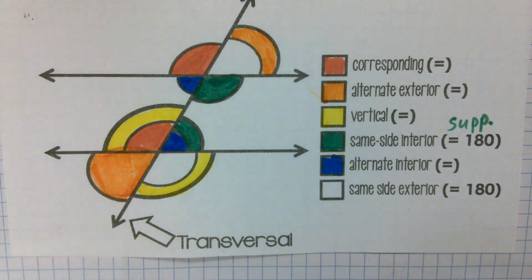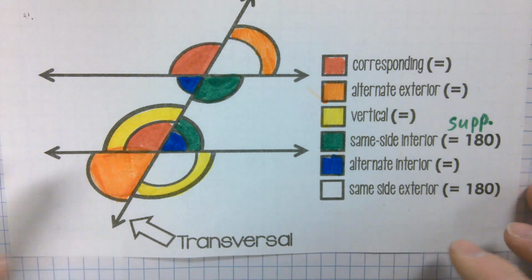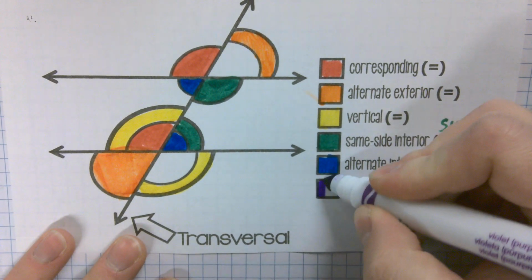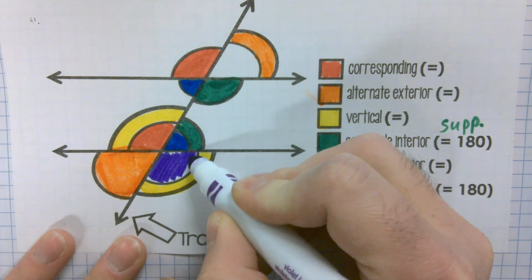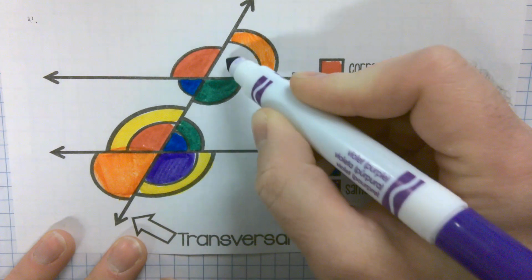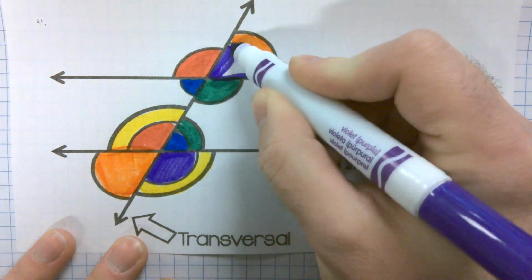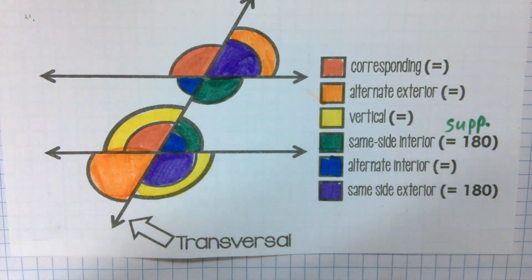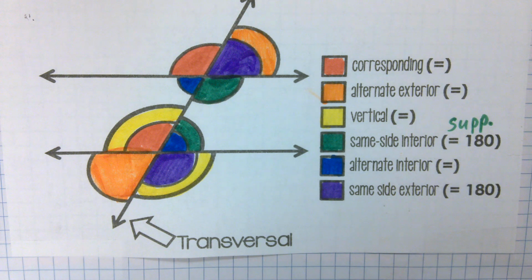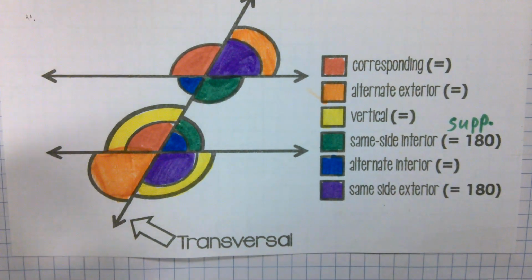And the last angle pairing we didn't really talk about yesterday because we're not going to be tested on it. It's not super important, but just to finish it out in purple. Same side exterior. Again, the name tells us everything we need to know. These angles are on the same side of the transversal. And they're on the exterior of our parallel lines.